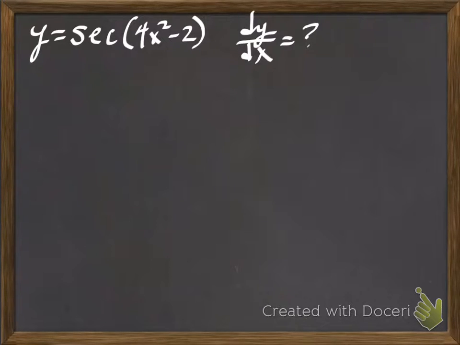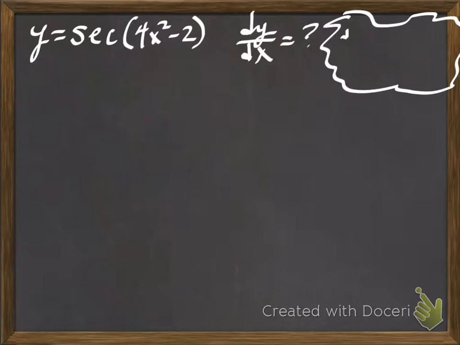So we know the derivative of secant of x is secant x tan x, but this is not just plain old x, but we can at least start that way.